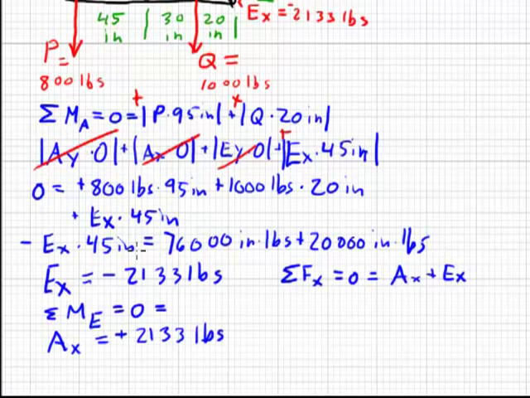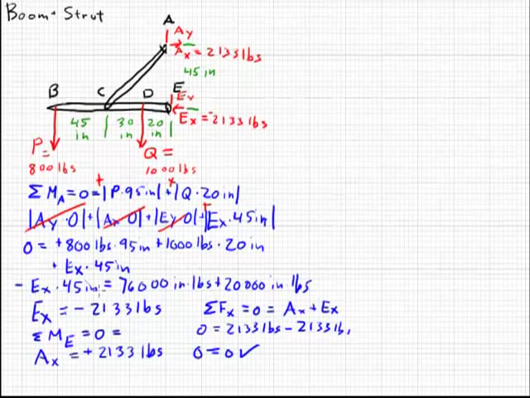We write that arrow in, 2,133 pounds. So 0 equals 2,133 pounds minus 2,133 pounds, and our check works. 0 does equal 0, and we have checked our analysis.